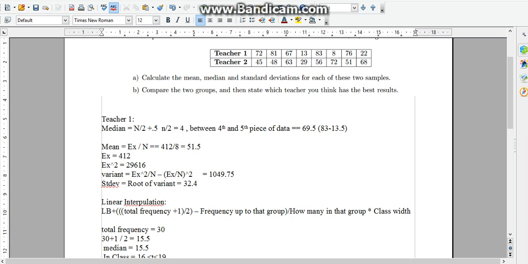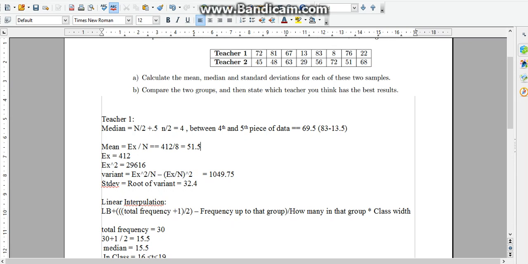Now, this is going on to A-level stuff now, so you GCSE kiddies might want to cover your ears. To find the standard deviation, first you've got to find the variance, and the formula for that is everything in x squared over n minus everything in x over n all squared.